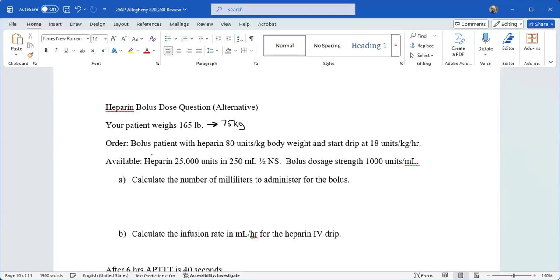When I'm calculating the bolus dose, all I do is 75 times 80 divided by 1,000, and then I get 6 mL. When I do the infusion rate, I take 75 times 18 divided by 100, and I get 13.5 mL per hour.